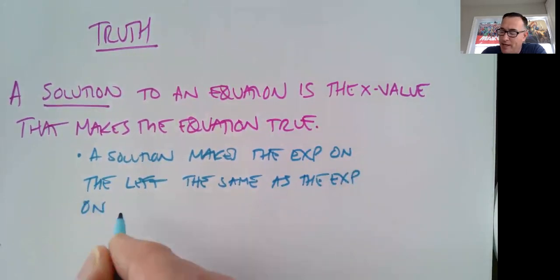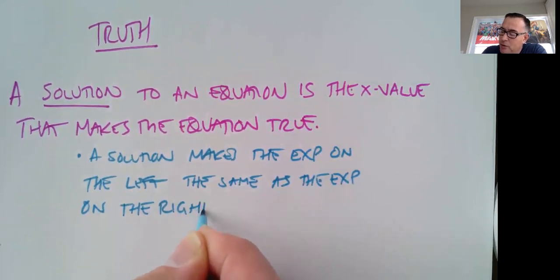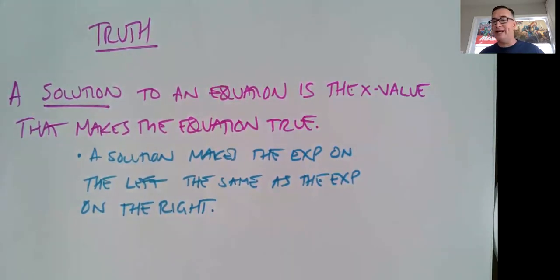Most of the time you're going to have equations like 7x plus 5 is equal to 13. So I'm going to plug in a number that makes the expression on the left, 7x plus 5, equal to the expression on the right, 13. Sometimes you have variables on both sides, and so we're picking a number that when we plug it in, makes both sides equal the same number. But at the end of the day, we're evaluating an expression here, evaluating an expression here, and making them the same.